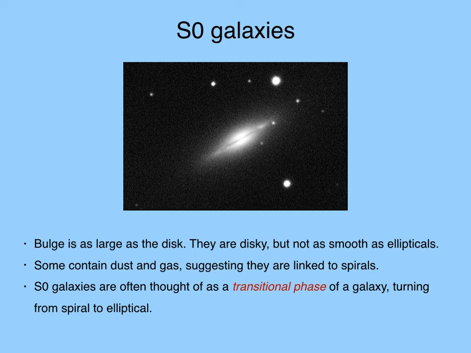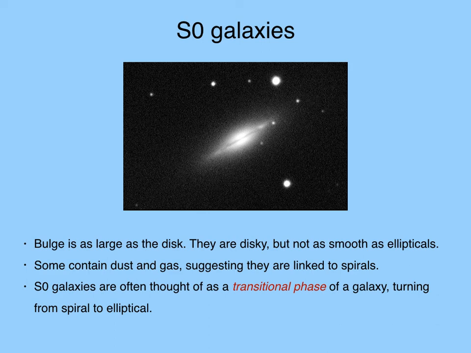S0 galaxies, as I've already told you, are the ones which appear at the node of the tuning fork in Hubble's classification scheme. They are regarded as a transitionary class of galaxies in between that of spirals and ellipticals. The bulge in S0 galaxies is very large, almost comparable to the size of the disk.